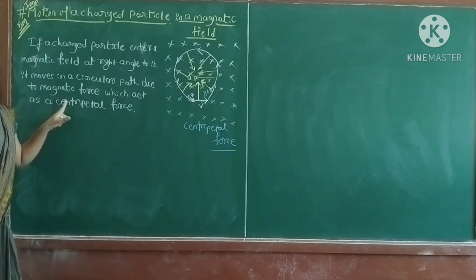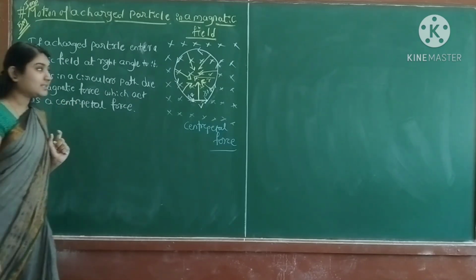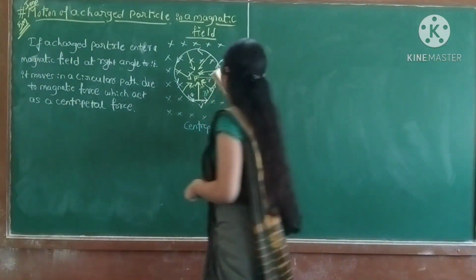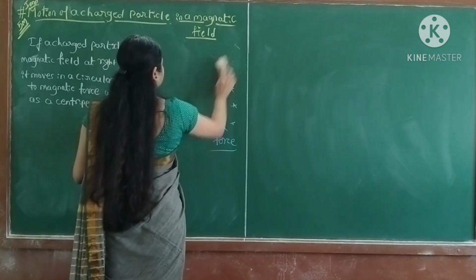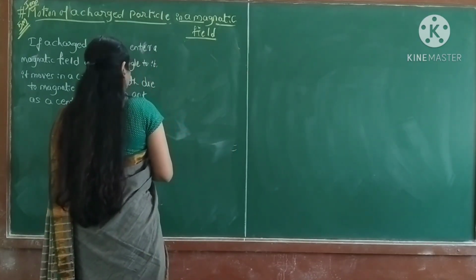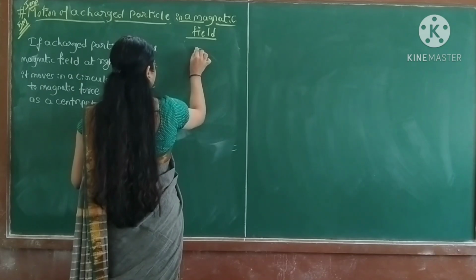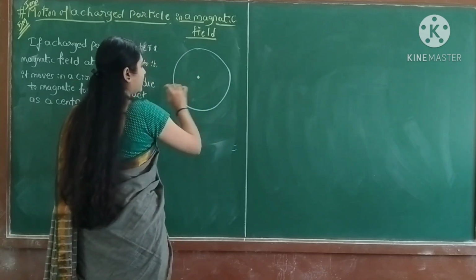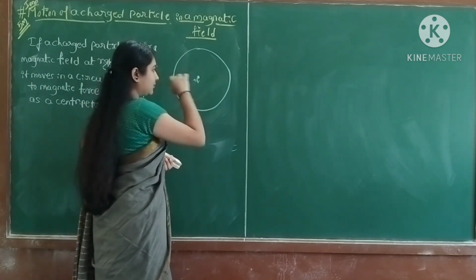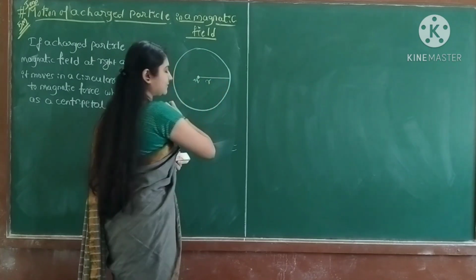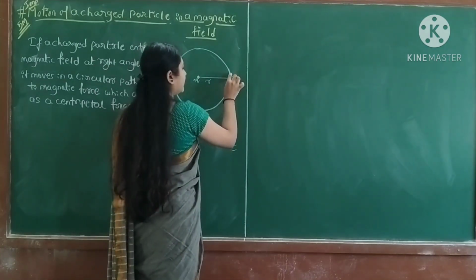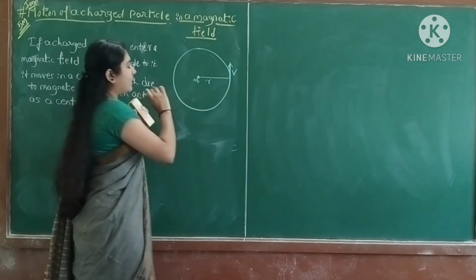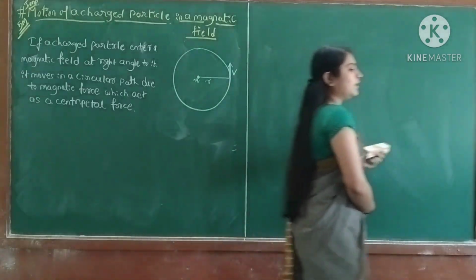ಅದು ಹೇಗೆ ಆಕ್ಟ್ ಆಗುತ್ತೆ ರೀ centripetal force ನ? Now I will draw it again. So this is the center, and here just assume a charge is present, and take this as the radius. Then the charge is moving with velocity v, and here the magnetic field is present.